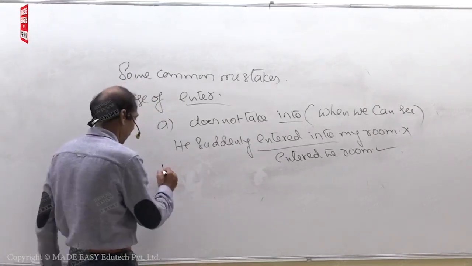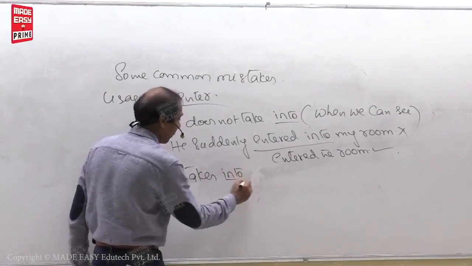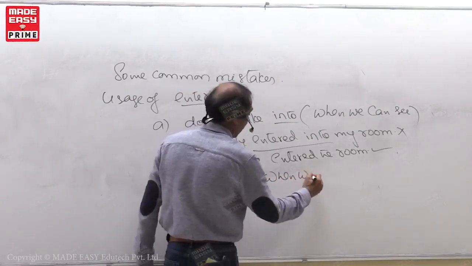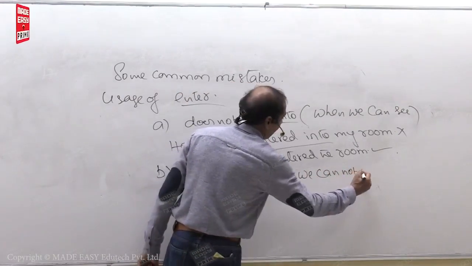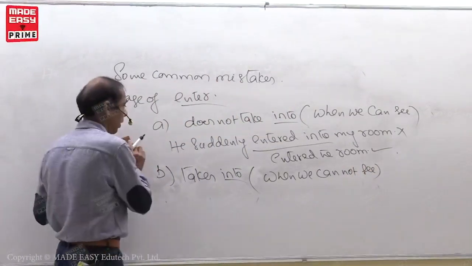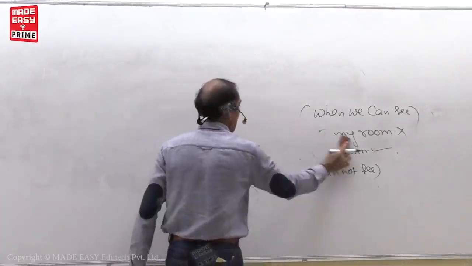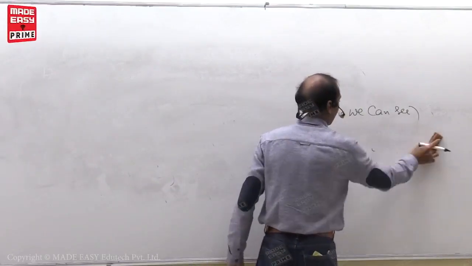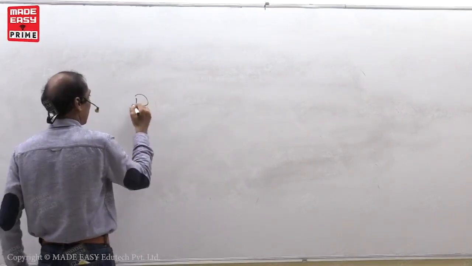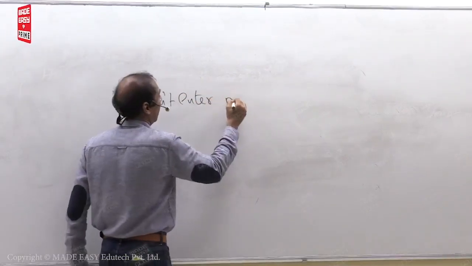Okay. Now B: takes into. Sometimes it takes. Write in brackets: when we cannot see. Don't enter my plans.